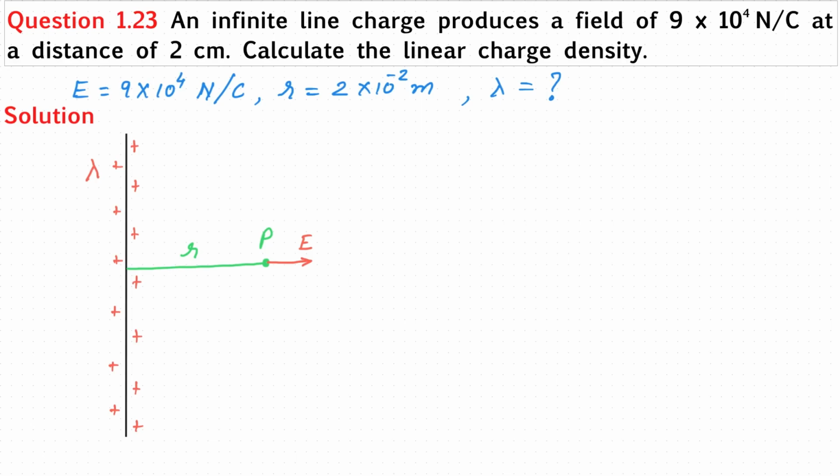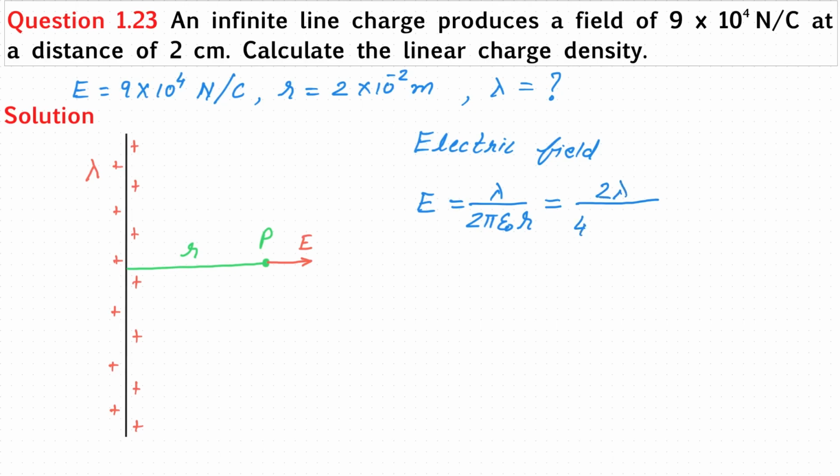In this case, the electric field will be E is equal to, I hope you remember that equation, lambda upon 2 pi epsilon 0 r. Now I can simplify this equation by multiplying and dividing with 2.